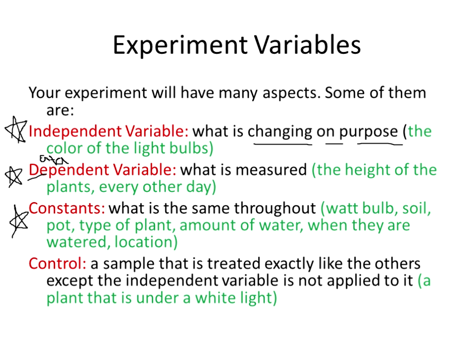And then sometimes, if there's just two groups, you might see a control group versus an experimental group. The control group is treated exactly like the others, except the independent variable is not applied to it. The experimental group would get the independent variable. So for example, if they did a test on a pill to see if it helped people grow hair, for guys who are balding or something like that.